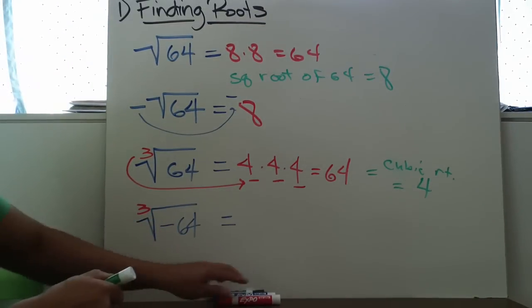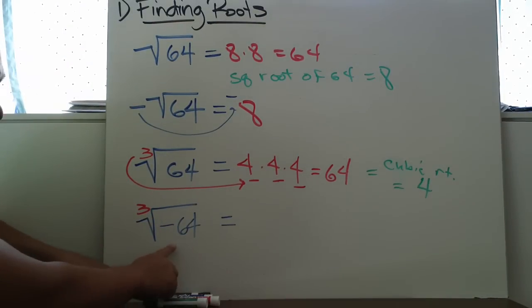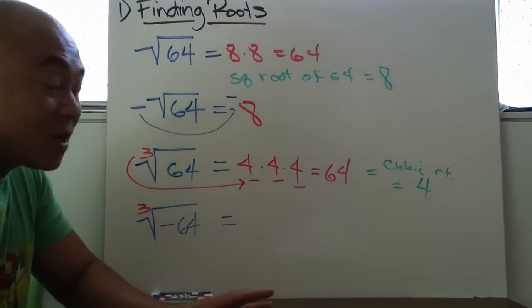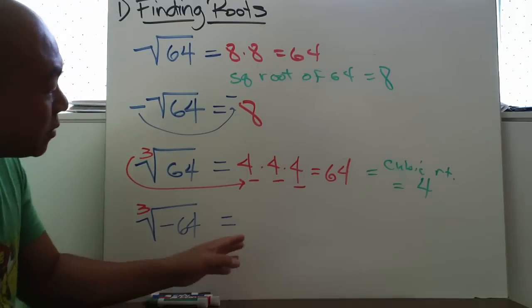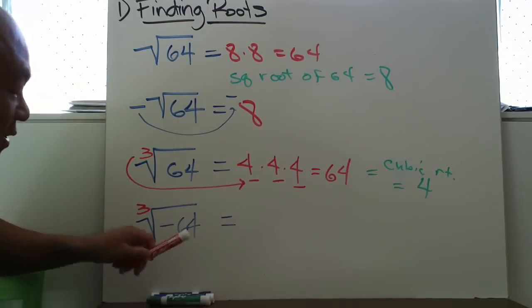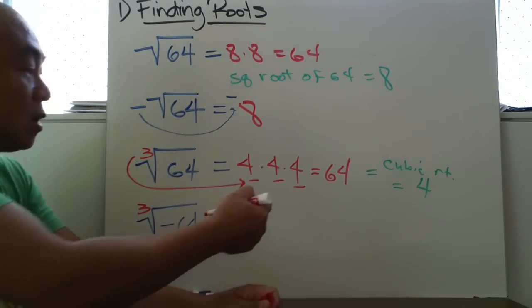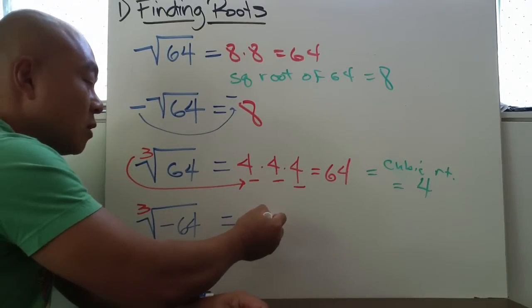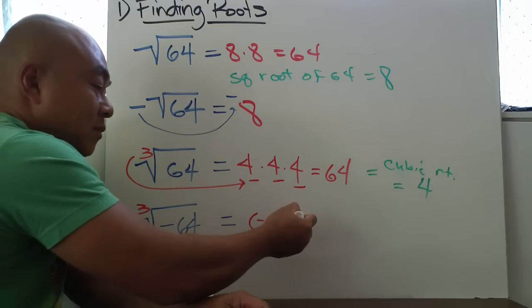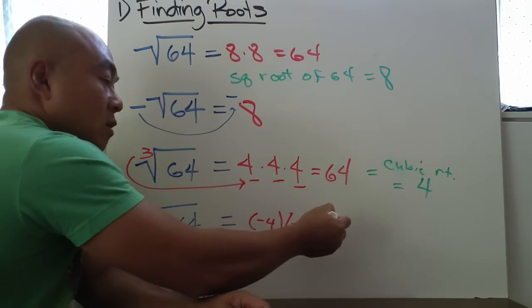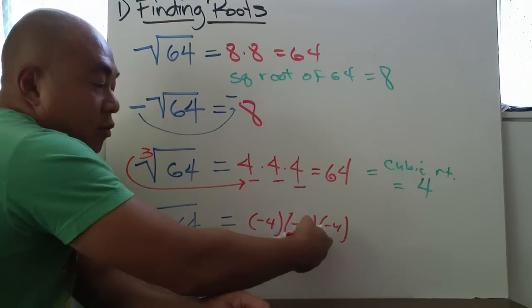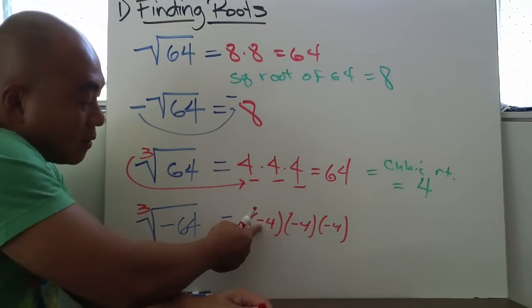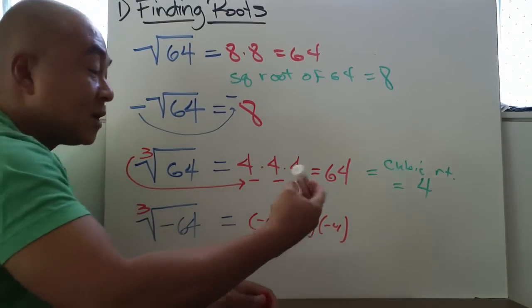Alright, now, what about this one? Well, we're looking for 3 of the same thing that's going to be multiplied by itself that'll give us negative 64. Well, we know that 4 gives us positive 64, so let's go ahead and try negative 4. Now, if you notice, I did place the negative 4 in parentheses because you are multiplying the negative 4 3 times by itself.